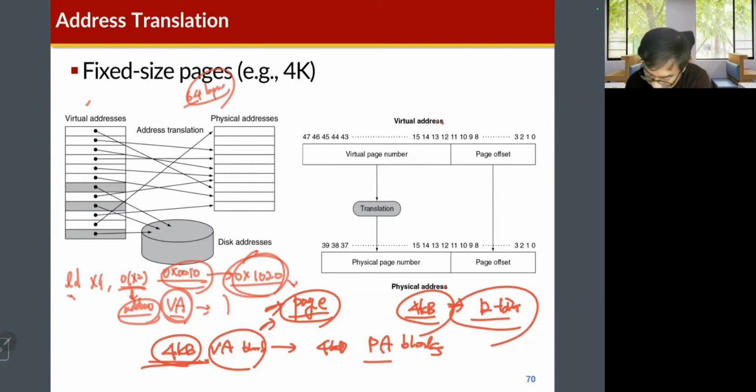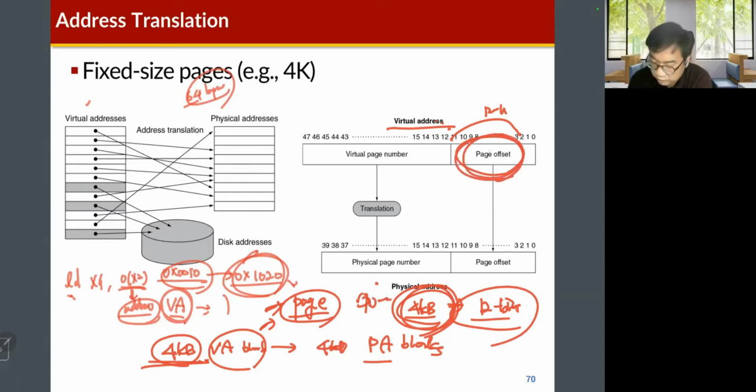So actually, when a virtual address is translated into a physical address, these lower 12 bits are not translated, right? Because we translate a 4 kilobyte page, a virtual page number, into the physical page number. So this lower part of the virtual address is not translated. Do you understand? We just translate the upper bits of the virtual address into the physical address.